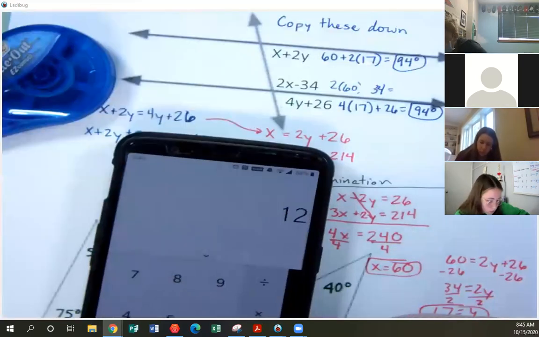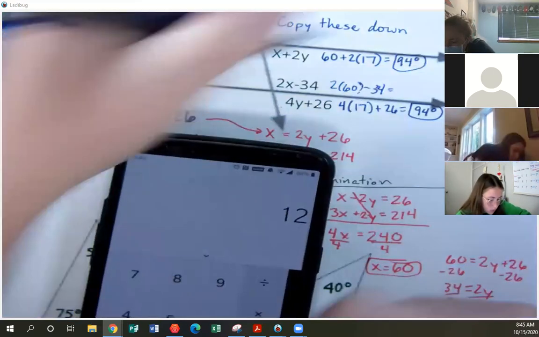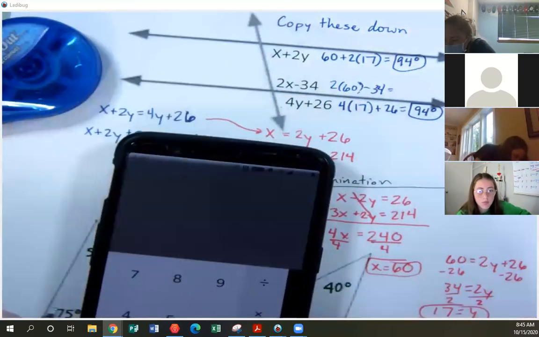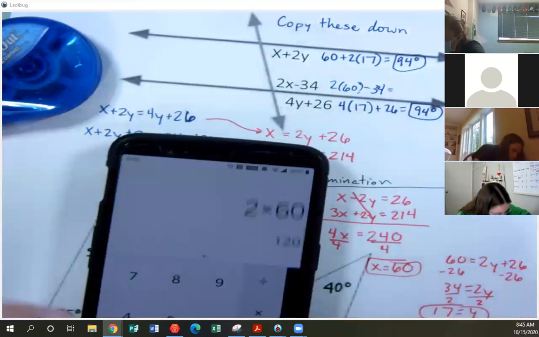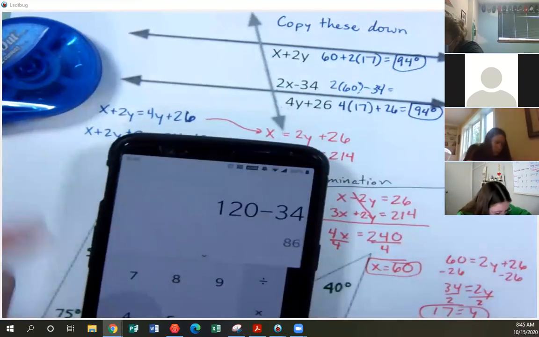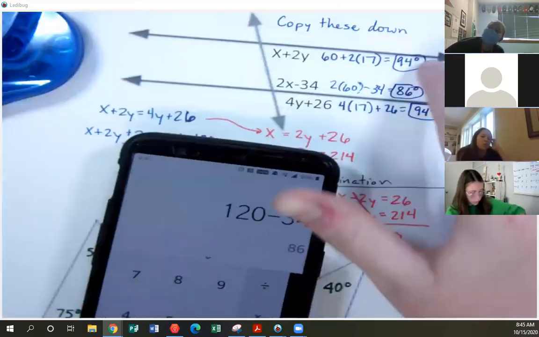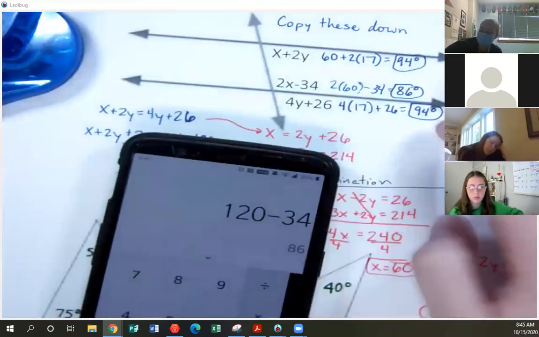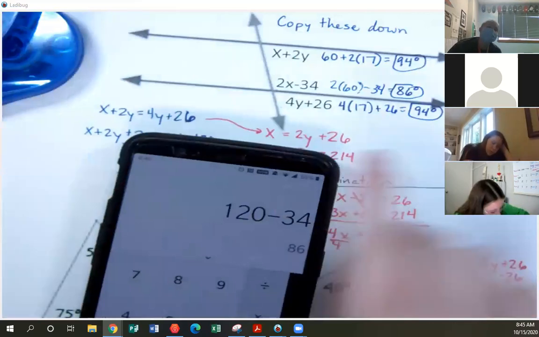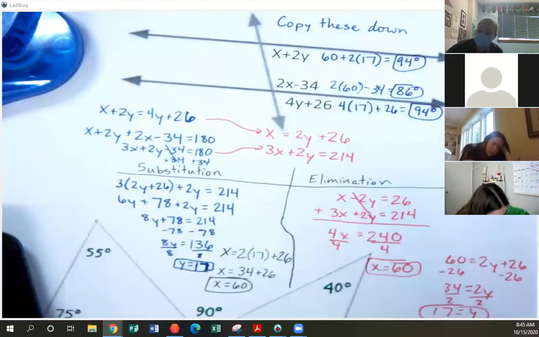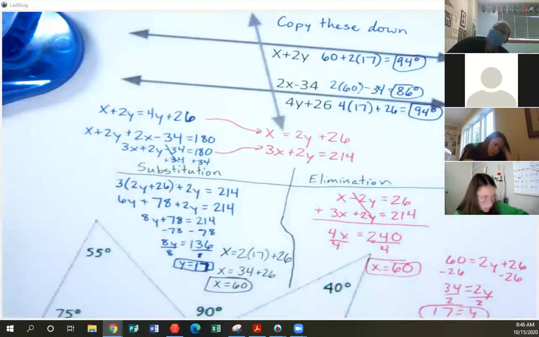So 2 times 60, you get 120, you subtract 34, and you get 86. Fabulous. Now these are supplementary. These are congruent. That works. Is this drawn to scale? No, because these are supposed to be acute and that's obtuse, but that's okay. But yeah, that's how these work.